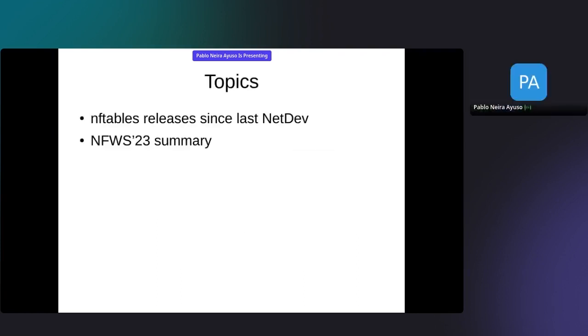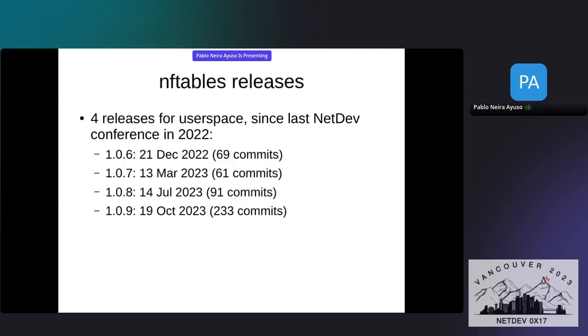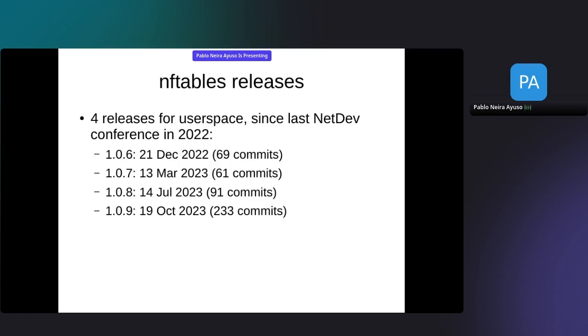I'm going to basically focus on the NFTables releases that happened in the last year, and I'm going to make a brief summary of the Netfilter workshop that took place in Dresden, in Germany, a few months ago. We have had 4 releases in user space for NFTables since the last Netdev conference in 2022.